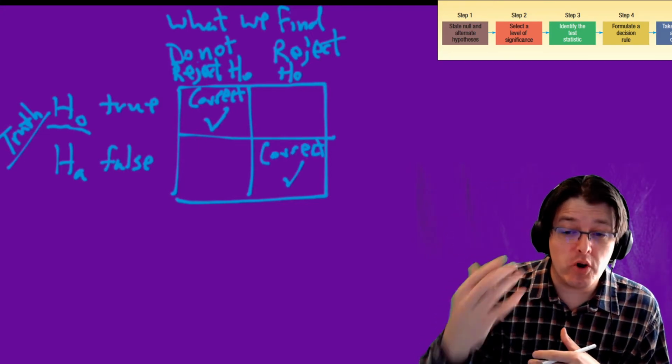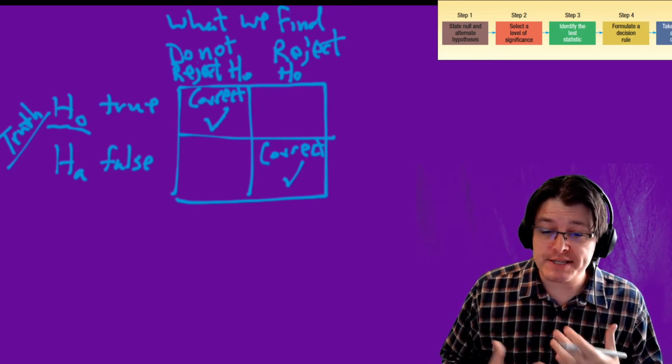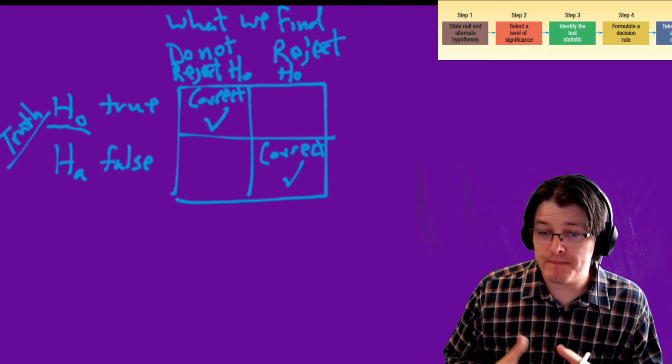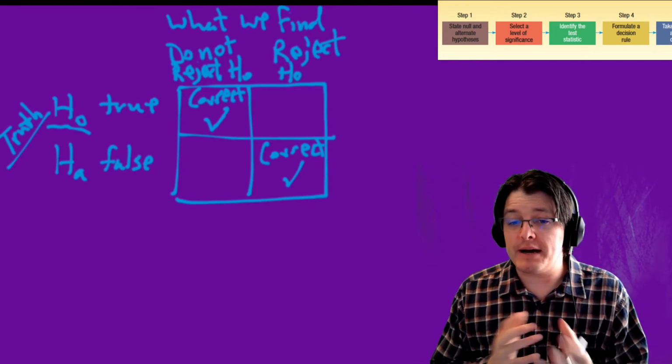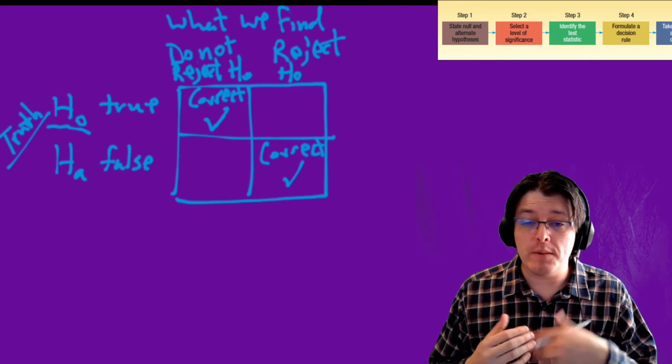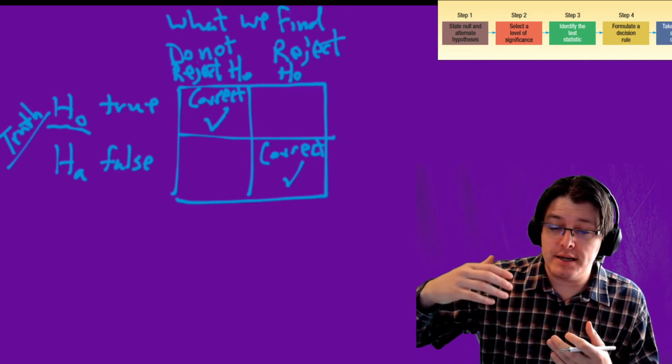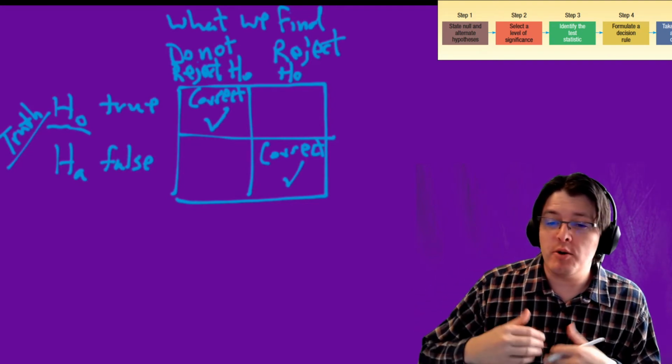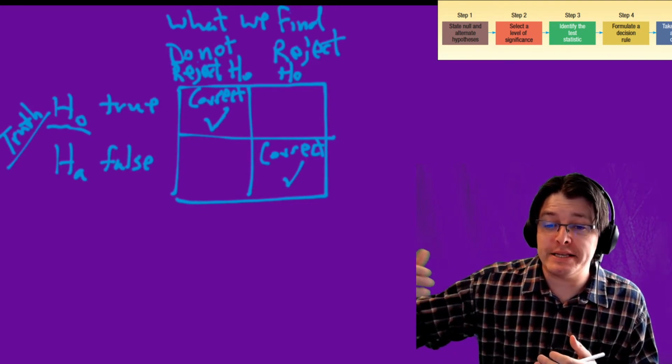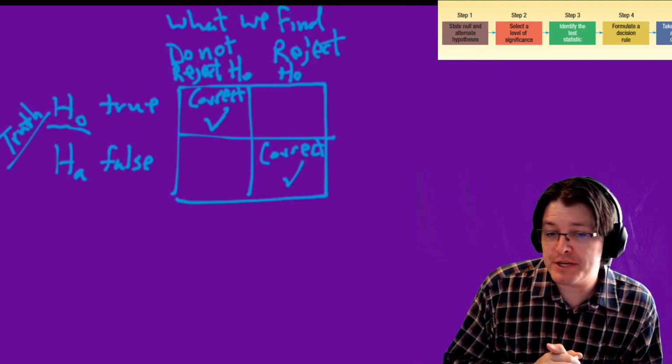Now, of course, we don't know, and so our process is going to be to take a sample. And we know with sampling comes sampling error, and we might randomly find a sample mean that is very far away from the population mean.